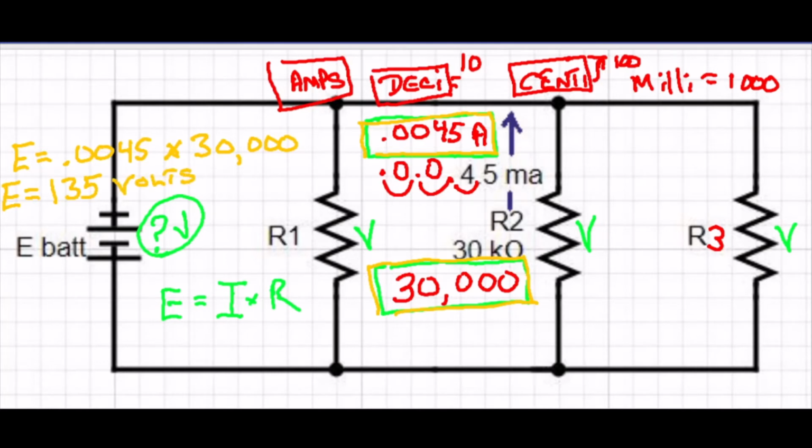So if we have 135 volts here, we also have 135 volts there, 135 volts there, and 135 volts there, because we know that the voltage at every point in a parallel circuit is the same.